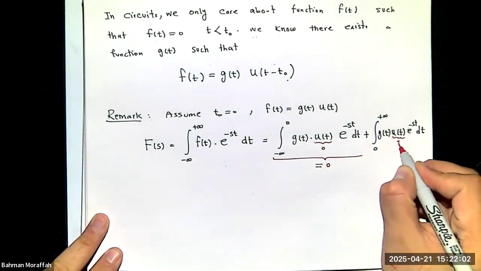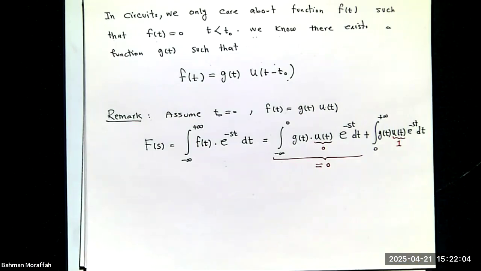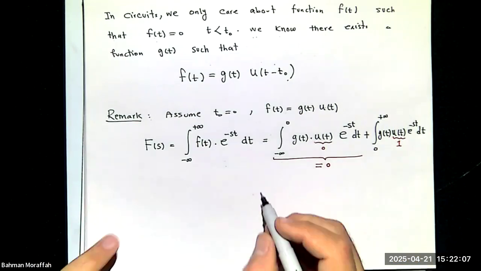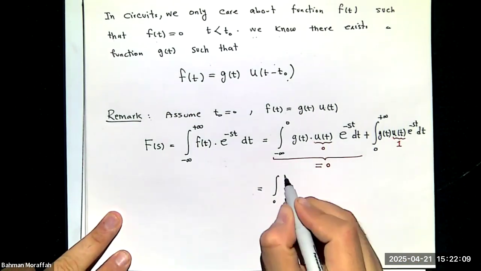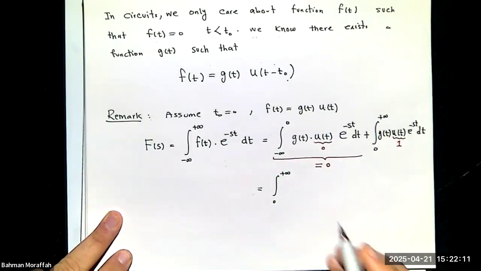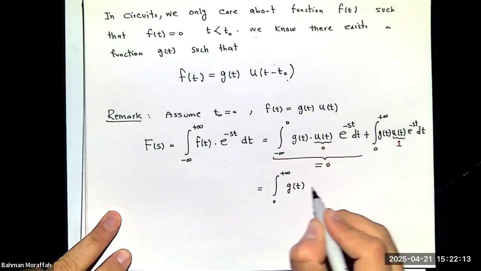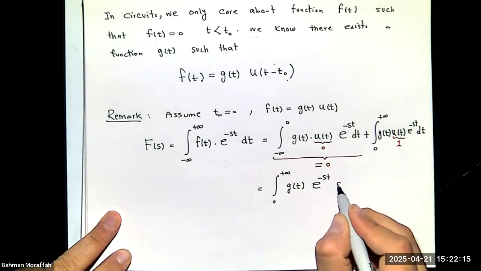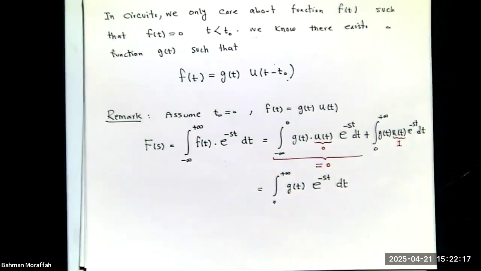So I can write this integral as the integral from 0 to plus infinity of g of t e to the power of minus st dt. And this is a one-sided integral, right? Again, I assumed this t naught is 0. I can assume t naught is any t naught, and this number over here becomes t naught. So it doesn't really matter.